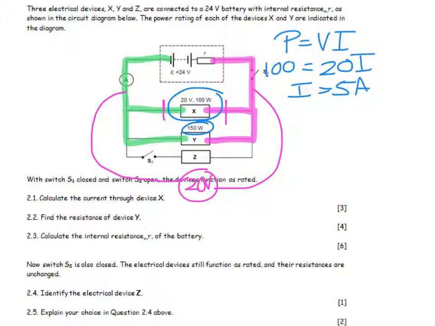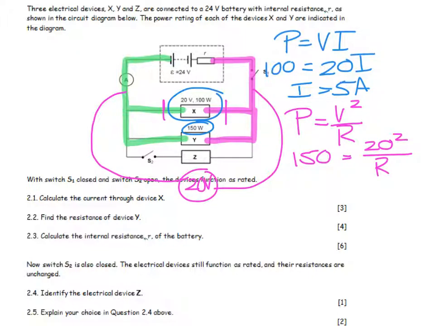It doesn't matter which branch I'm on, I'm going to have a potential difference of 20 volts. So I can say power is equal to V squared over R. Power is 150, V squared is 20 squared, and the resistance is what I'm going to calculate, and I find my resistance turns out to be 2,67 ohms.